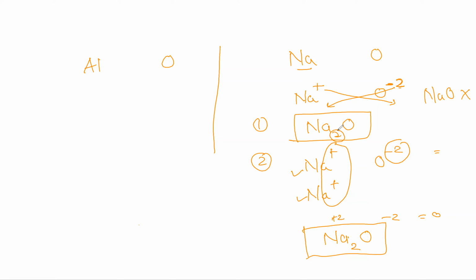So I hope you guys understand this, right? Let me just go back to the first example that I gave you. I think it was CaO, yeah. In this case, we did discuss that earlier, but I think now it will be more clear to you.